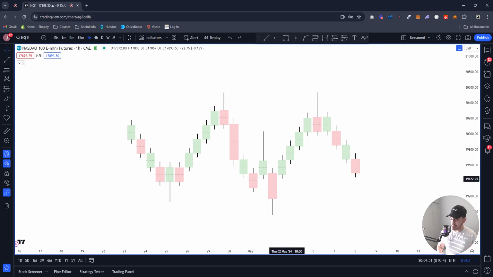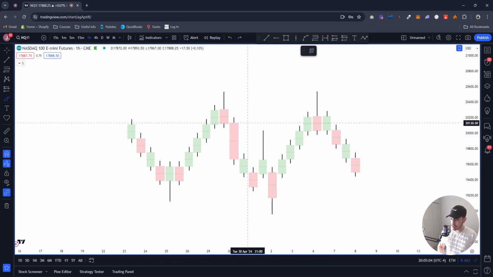So these are your different types of liquidity. This is where liquidity is going to be resting. You can also consider this a short-term swing high, because again, what is this? 1, 2, 3, the highest point of these 3 candles. This is what we call internal liquidity or a short-term high.